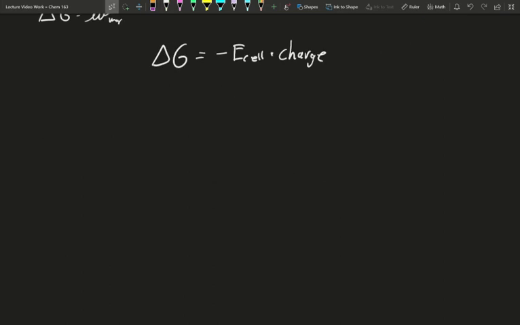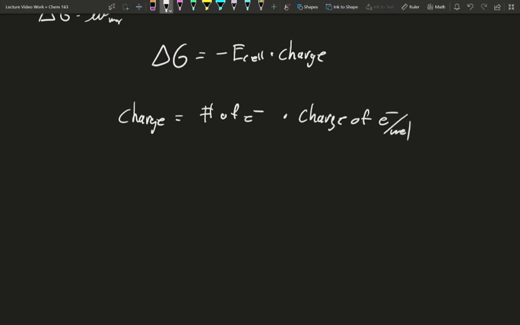Well, if that's the case, what's the charge? The total charge is going to be equal to the number of electrons that we actually move times the charge of electrons, and most likely per mole. This is chemistry. So what we really know is what's the charge of a mole of electrons. If we know the charge for 1 mole of electrons, we can say, well, I move this many electrons, so here's how much of a mole's worth of charge I have.